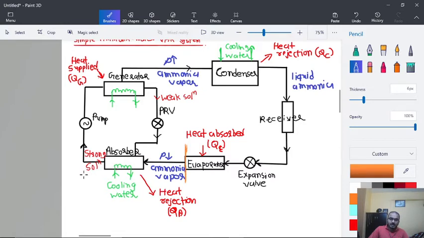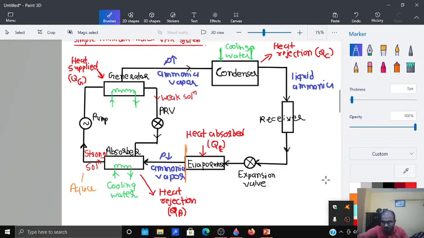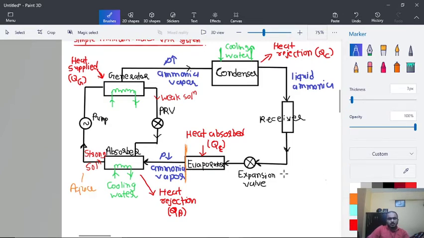So at this stage we are having aqua ammonia, that is a strong solution having ammonia in it.